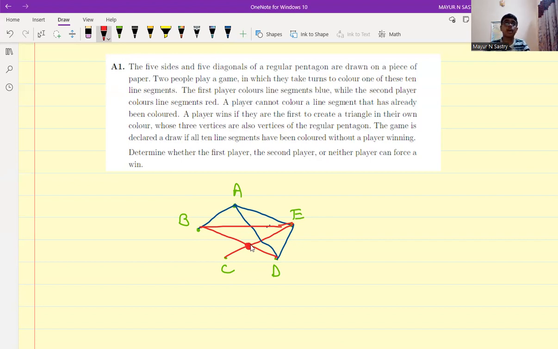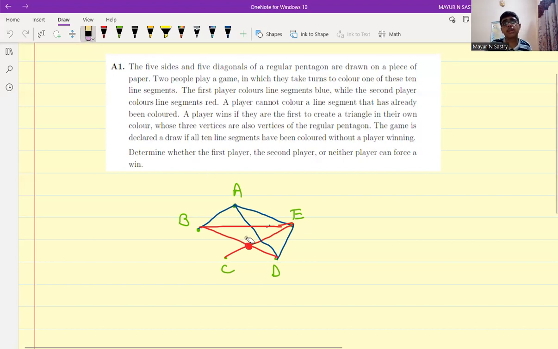The vertices of the formed triangle must be vertices of the pentagon. The triangle we have formed, triangle ADE or triangle ABE, their vertices are A, D, E or A, B, E, which are vertices of the regular pentagon. So that is a small confusion which is possible, which is easy to resolve if you have carefully read the problem statement.